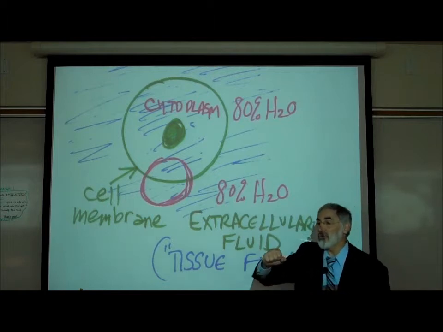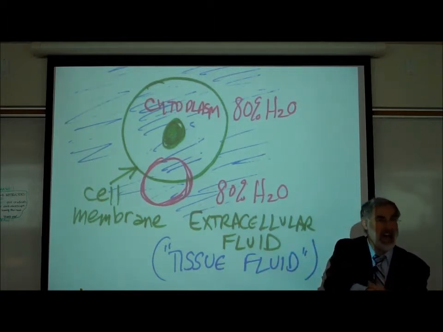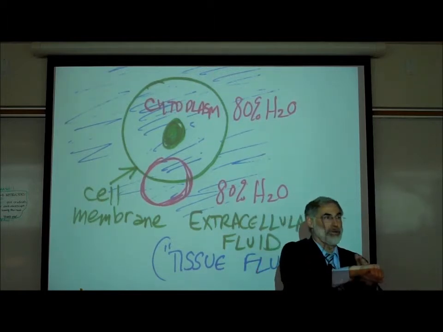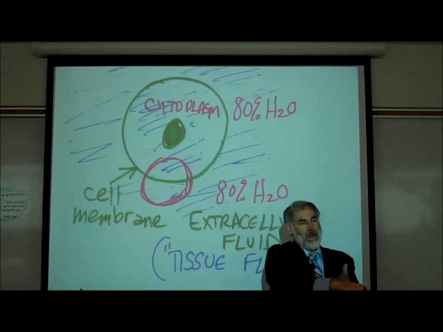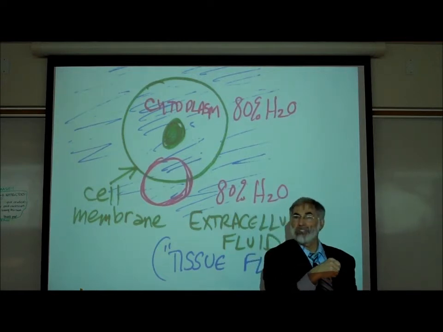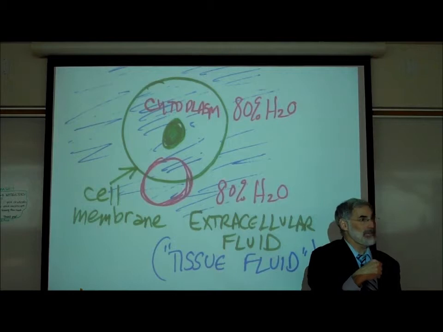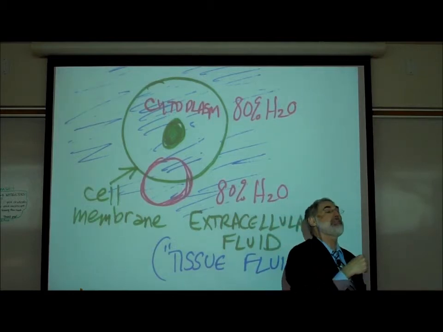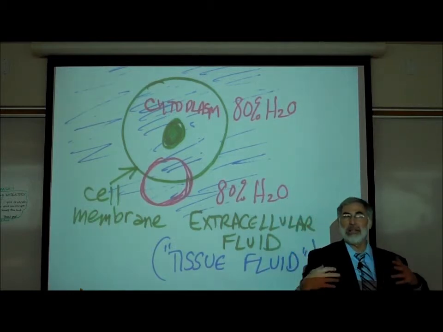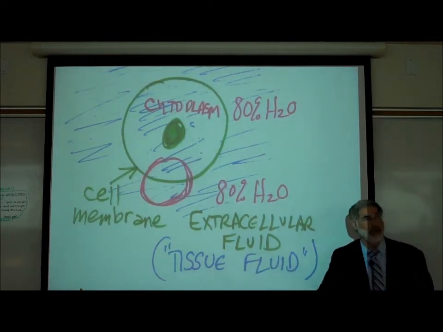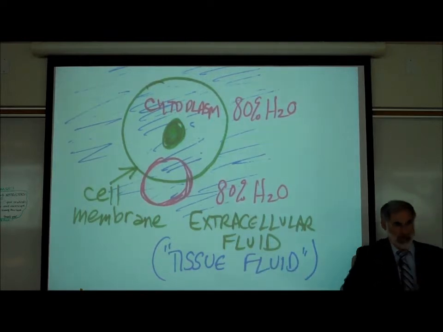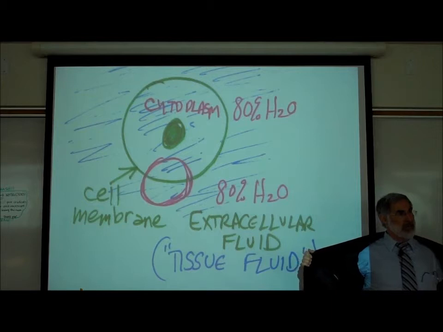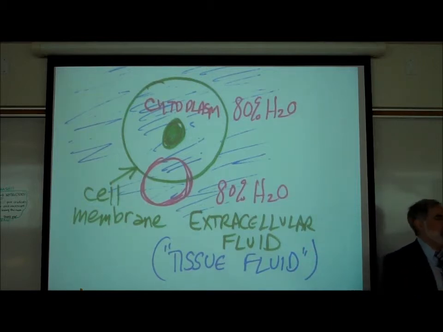If you've ever scraped your skin, which we all have, scraped your knee, your elbow, your arm, you've scraped off some of those dead cells. You ever see a clear fluid start to ooze? That means you've reached the layer of living cells. When you see that clear fluid oozing, that's the tissue fluid that's surrounding your living cells. When you open up somebody's abdomen and spread it open, there's all this fluid around all the organs.